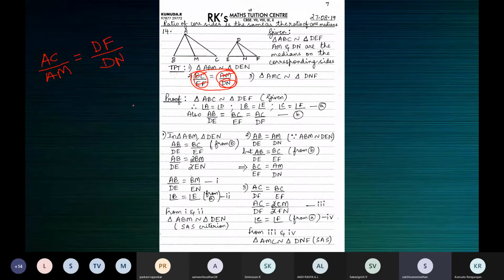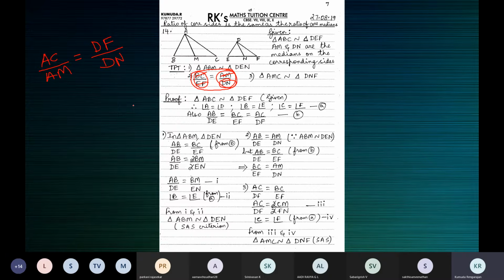False, ma'am. Children, now we know that in two similar triangles, the ratio of the corresponding sides is the same as the ratio of the corresponding medians. Now we know that result. So I'm just asking, have I expressed the result correctly?